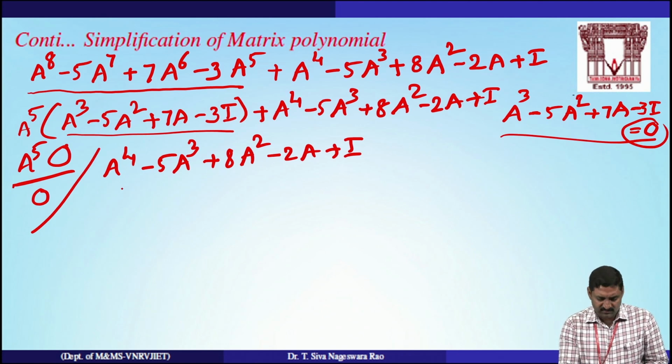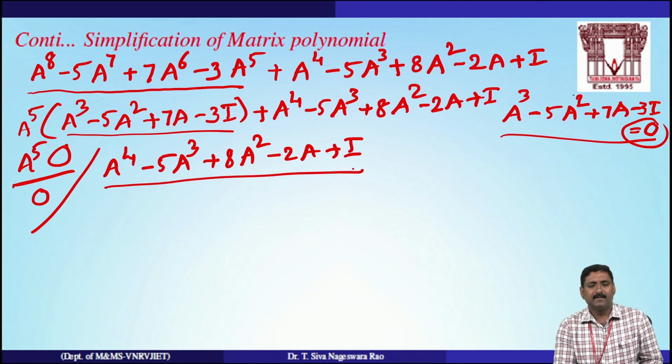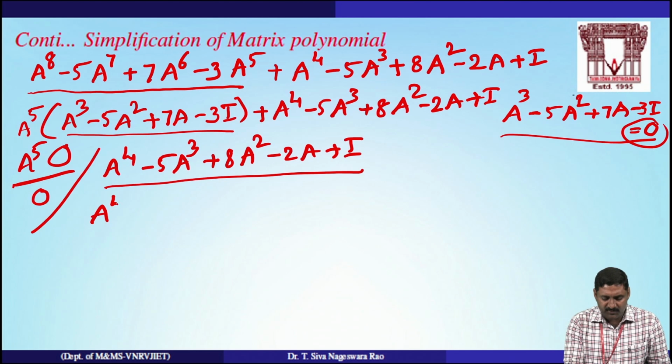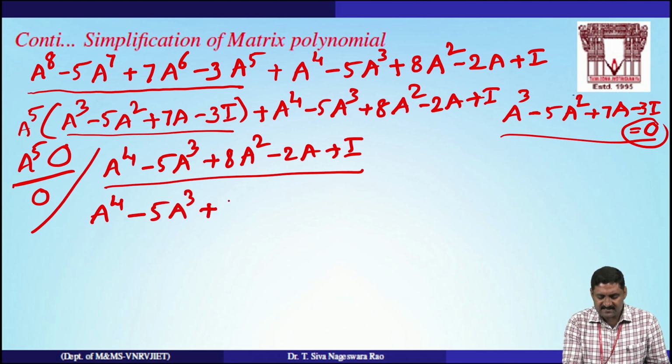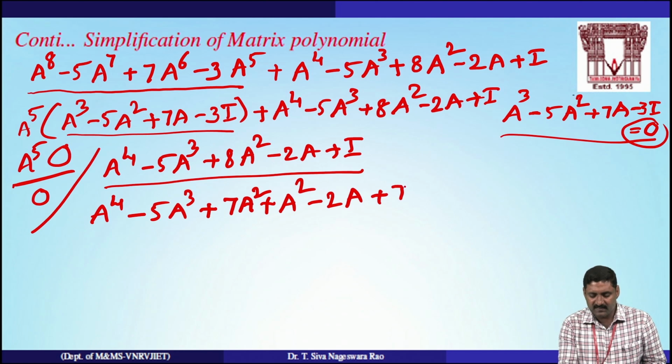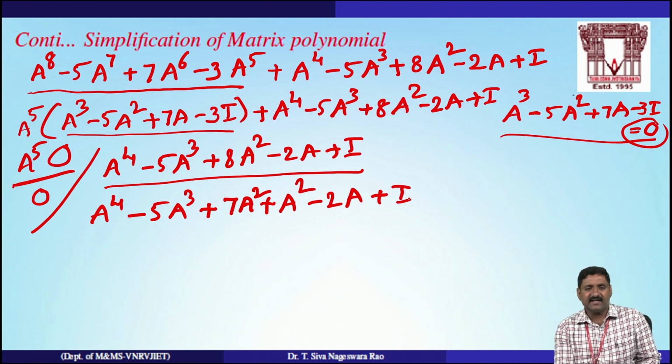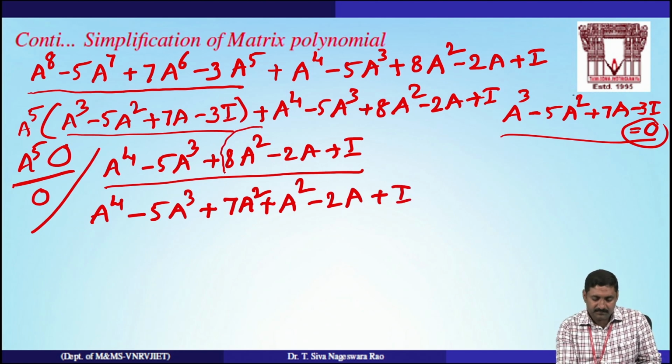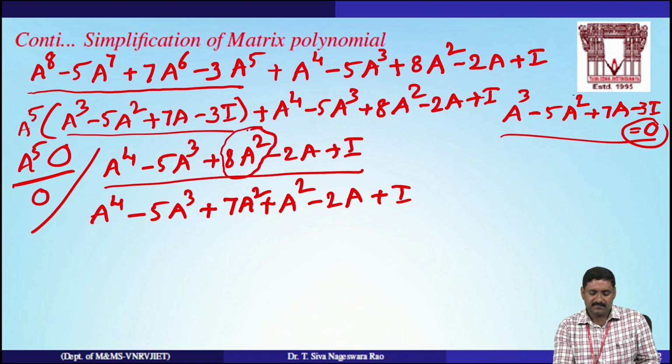Now we are going to simplify this. How? A power 4 minus 5A cube plus 7A square plus A square minus 2A plus I. Here I am writing 8A square as 7A square plus A square.